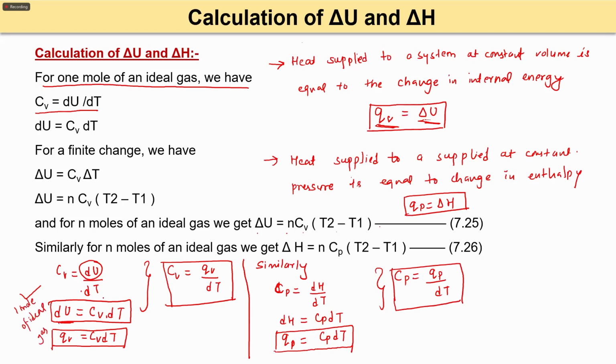And what if we take n moles of ideal gas? Multiply this expression with n. So what will we get? Delta U is n Cv (T2 minus T1), and delta H is n Cp (T2 minus T1) for n moles of an ideal gas.